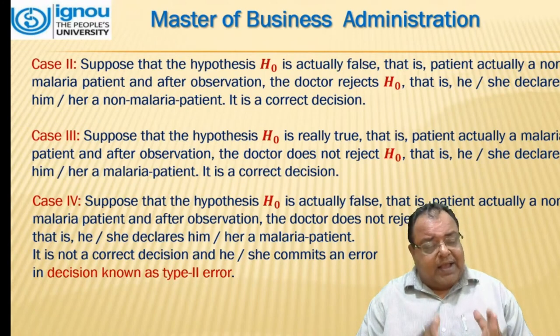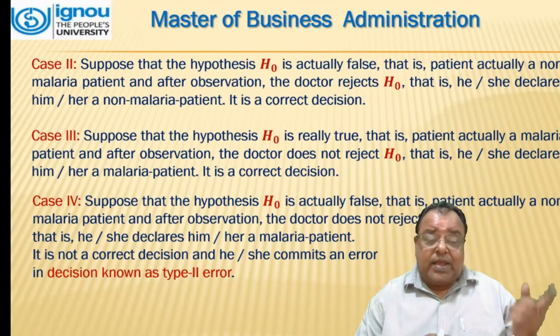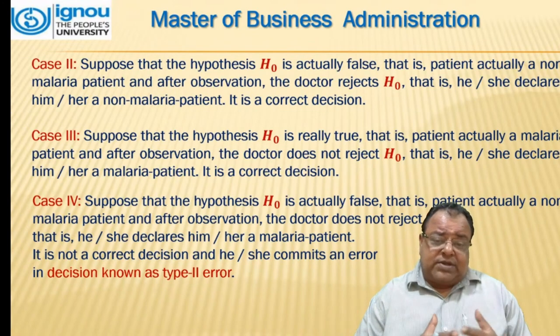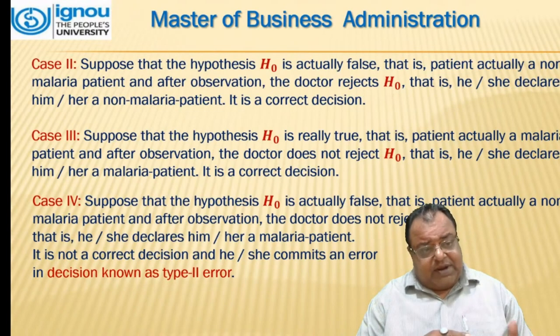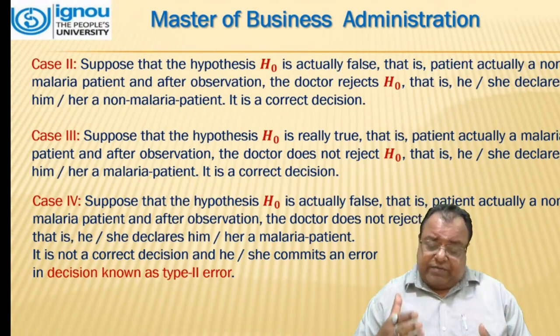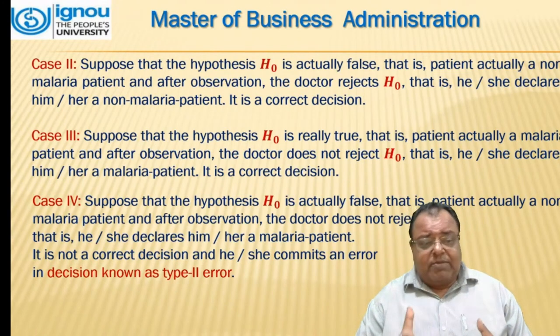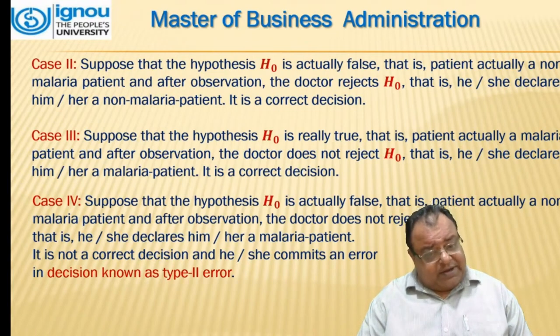It is a correct decision over here. Case 3 becomes, suppose that the hypothesis H0 is really true. That is, the patient is actually a malaria patient, and after observation, the doctor does not reject H0. That is, he or she declares him or her a malaria patient. It is a correct decision.